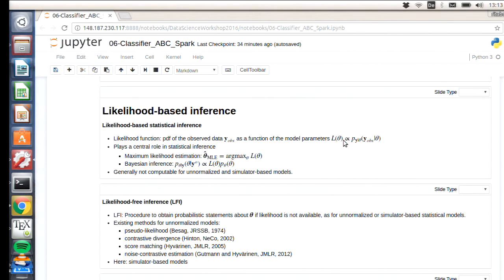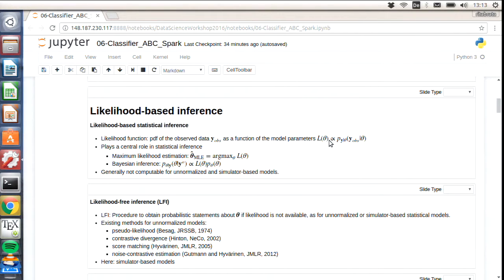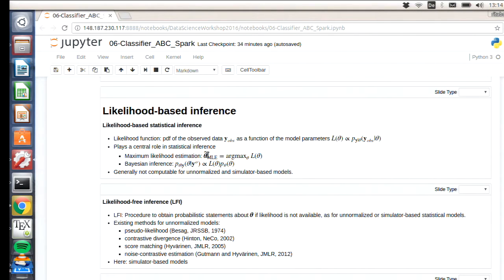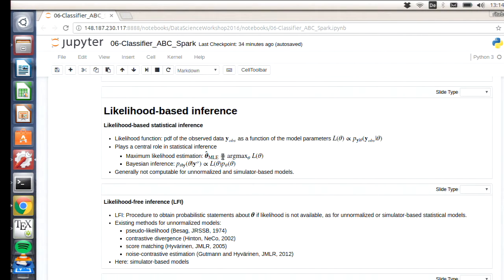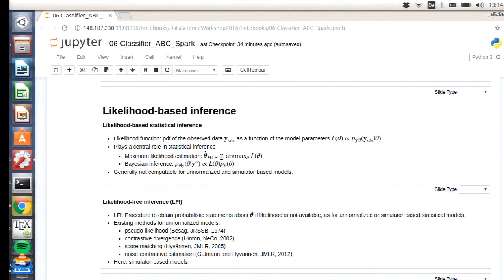In general, in statistics, until I would say the 1990s, most of the research was done on maximum likelihood estimation or Bayesian inference, where you have the likelihood function L theta, and then you try to find the theta value which maximizes L theta. So it's an optimization problem, and that's called maximum likelihood estimation.